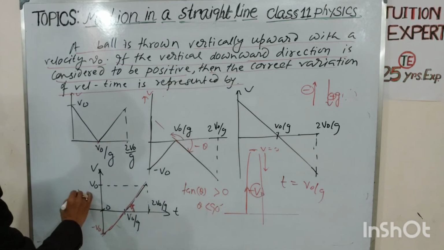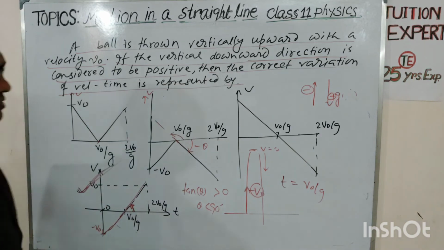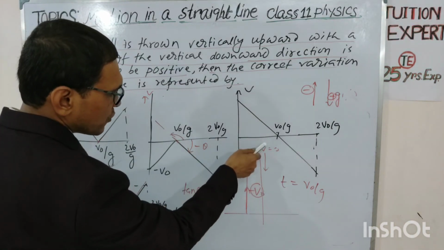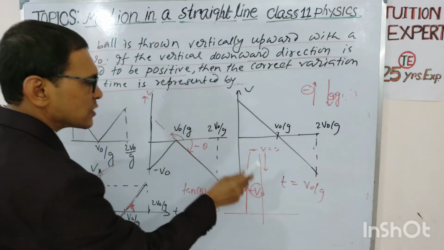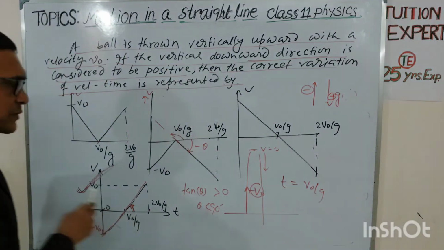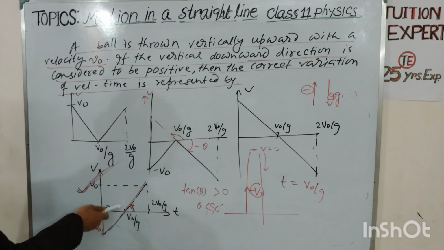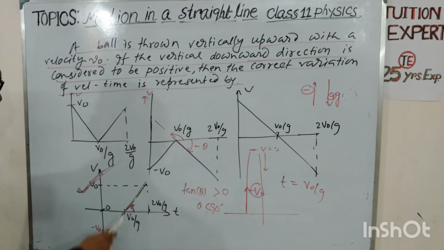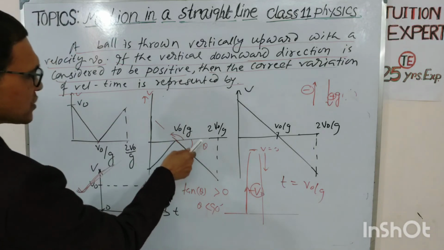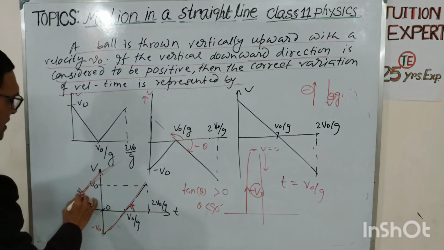So when it moves in the downward direction after attaining maximum height, velocity and acceleration are both positive. Positive values of velocity and acceleration are denoted by this graph, so our correct option is this.